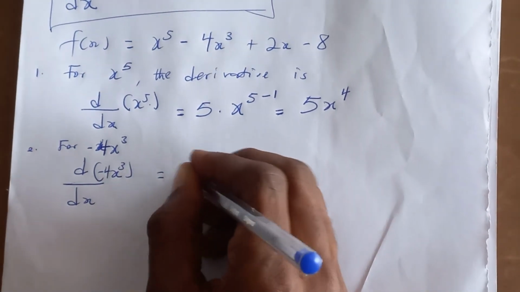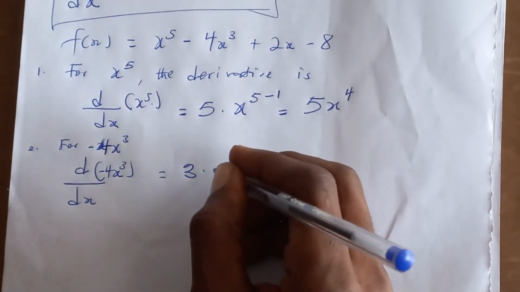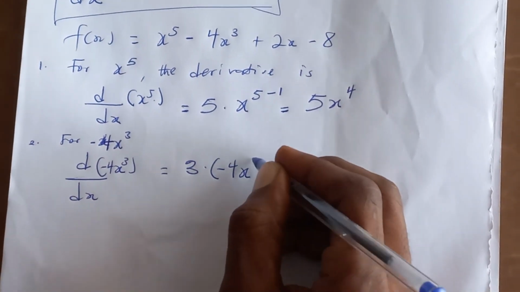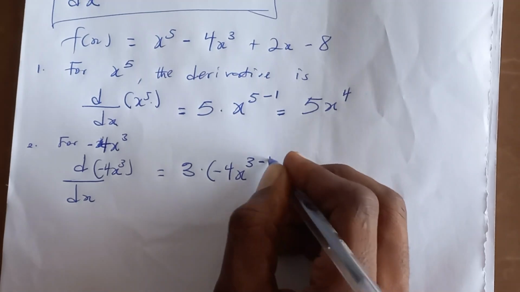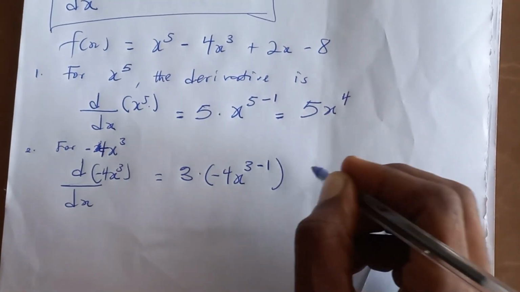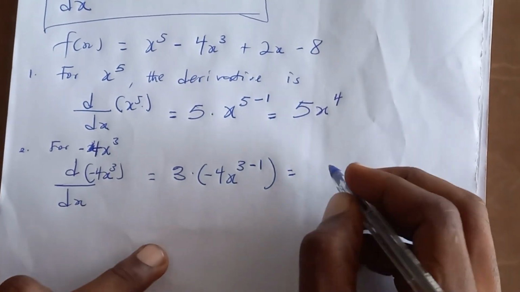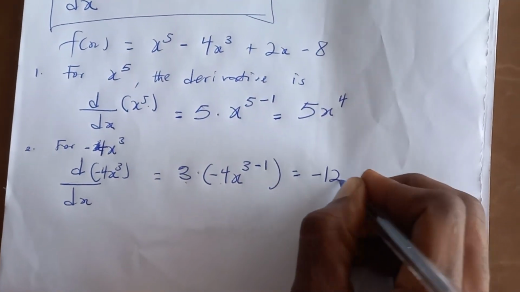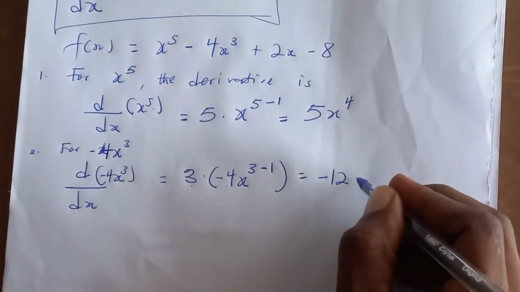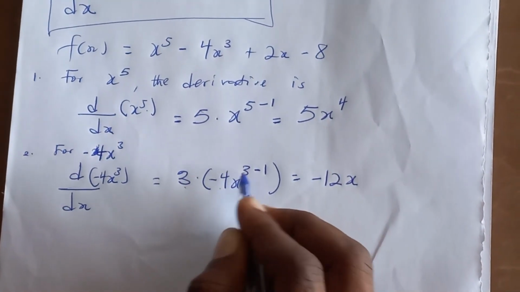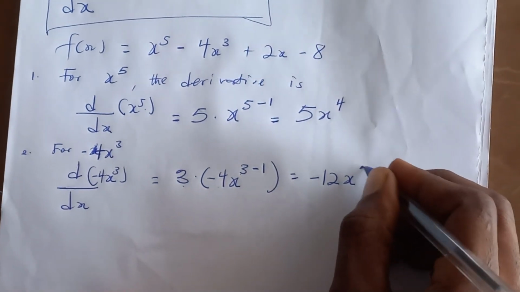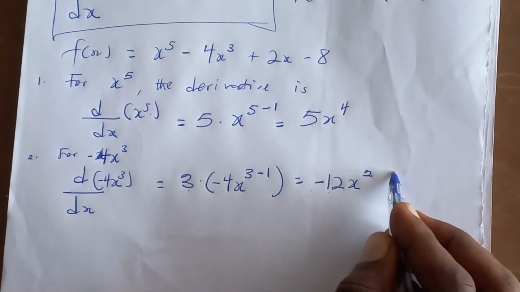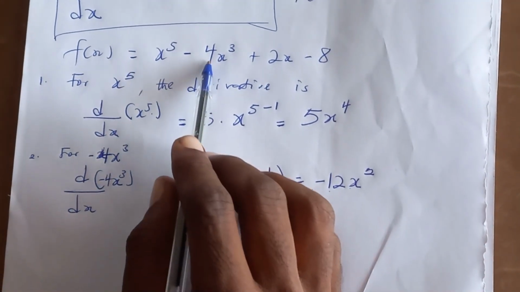So it's going to be 3 multiplied by negative 4x, then for our power 3, we subtract 1 from it. Let's simplify this. 3 times negative 4 will be negative 12. Then for x, 3 minus 1 is what? 2. So we get negative 12x squared when we differentiate negative 4x power 3.